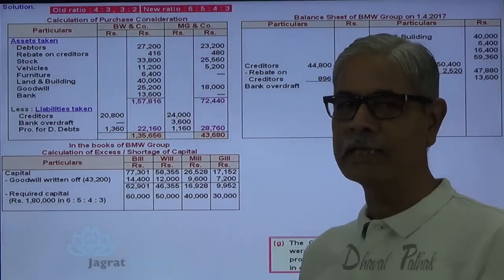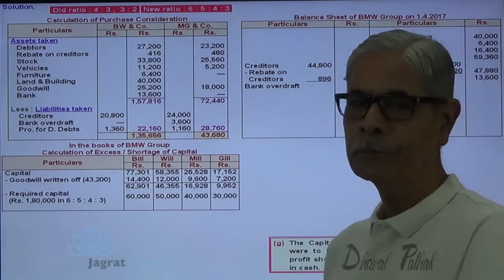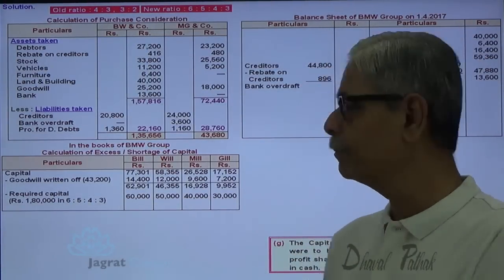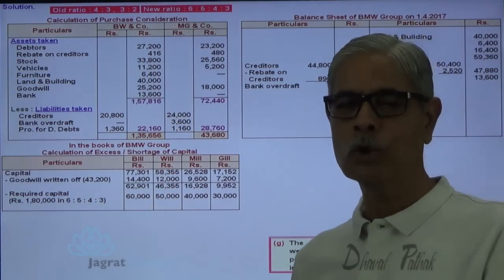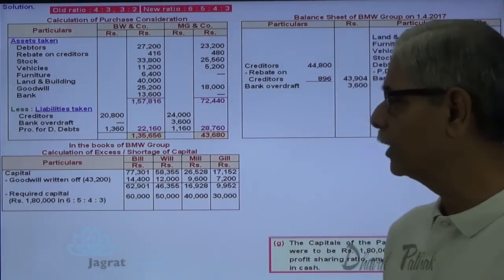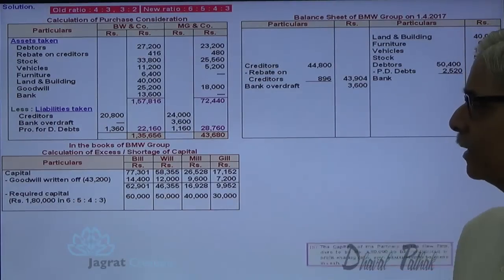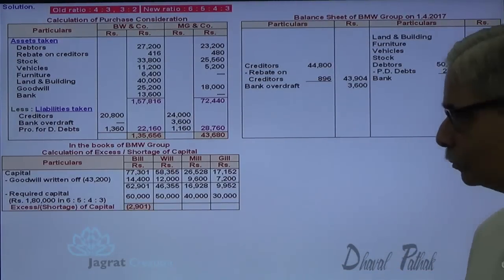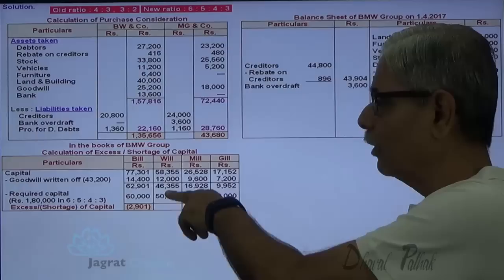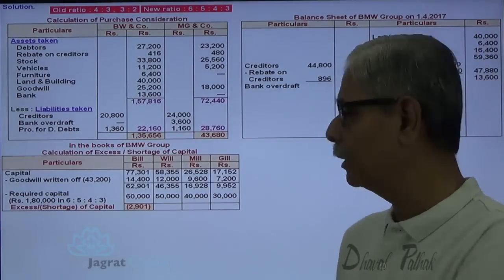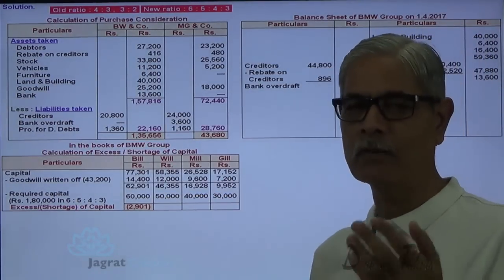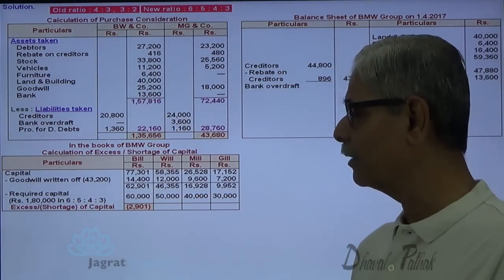So 62,901 is the capital of Bill. Required capital is 60,000, so his capital is in excess. So he will be given a refund of 2,901. Here the capital of Will is 46,355. Required capital is 50,000, more than 46,355.